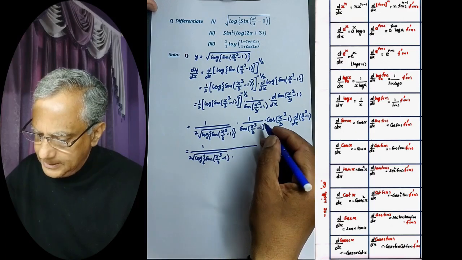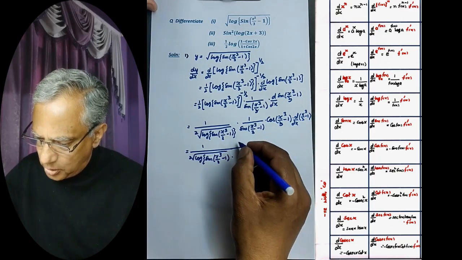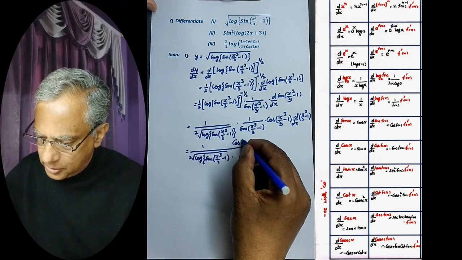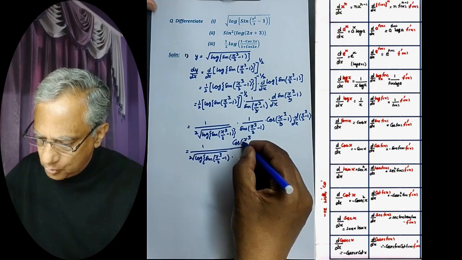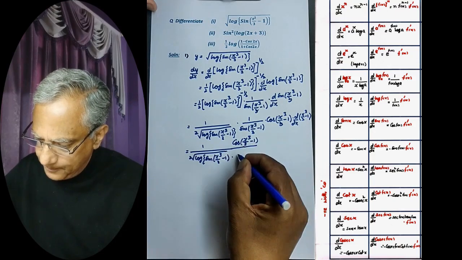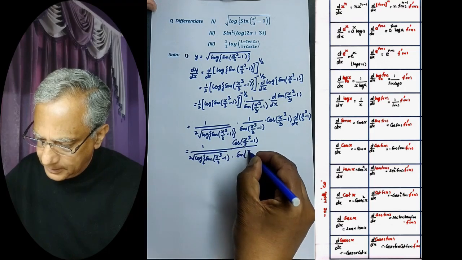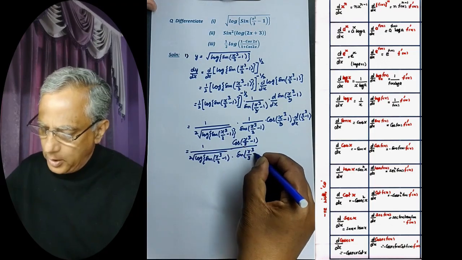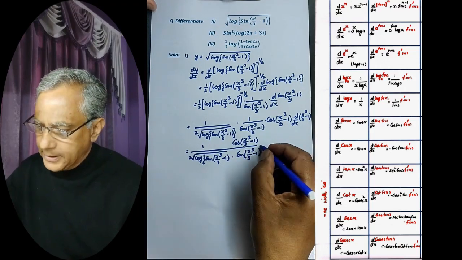Cos over sine is, or cos (x cube by 3 minus 1) into sine (x cube by 3 minus 1) into d by dx of this.